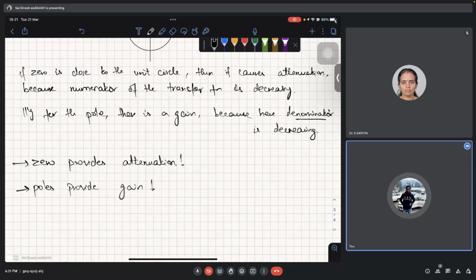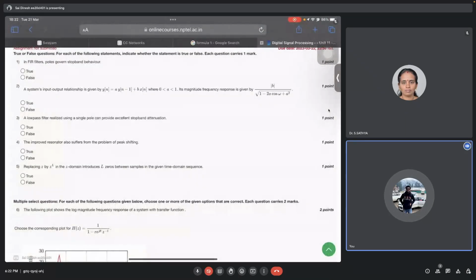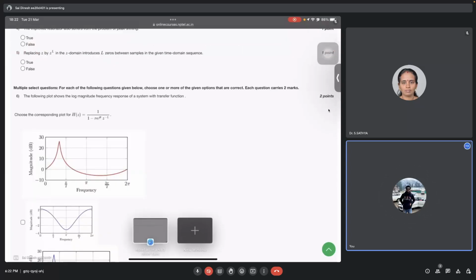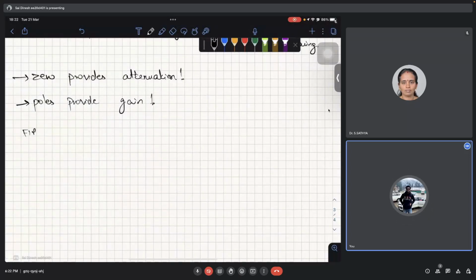Okay, so let's see a few questions, right? And then there is one more thing, that FIR filters do not have poles, right?